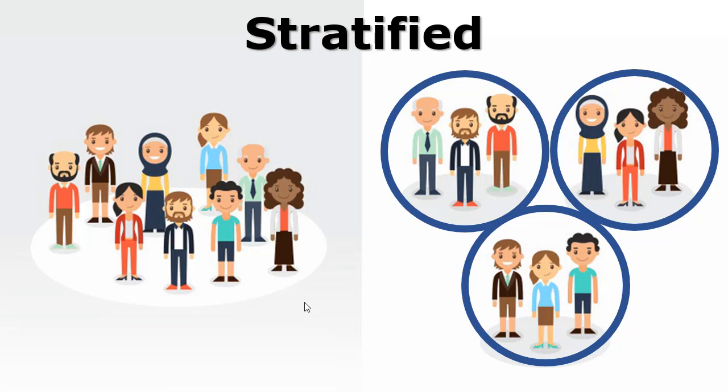Now, I'll give you an example in educational research that is super common, and that is if you wanted to study an aspect of teaching from elementary teachers, and there was an element of gender related to what you were studying, then you would want to stratify your sampling frame, say all the teachers at a school or in a school district.